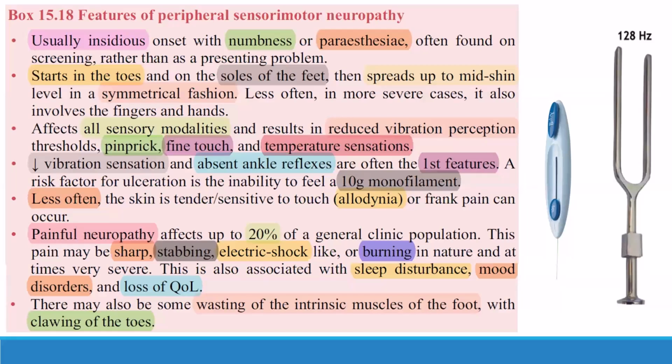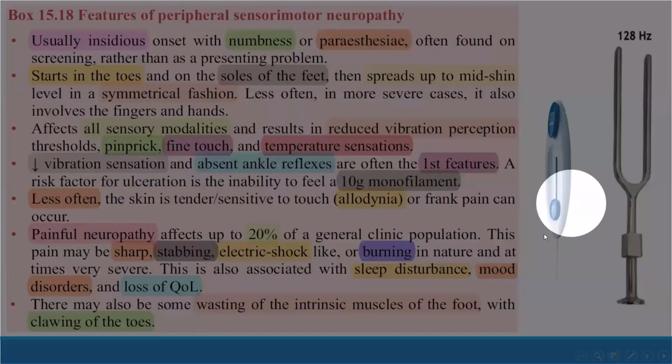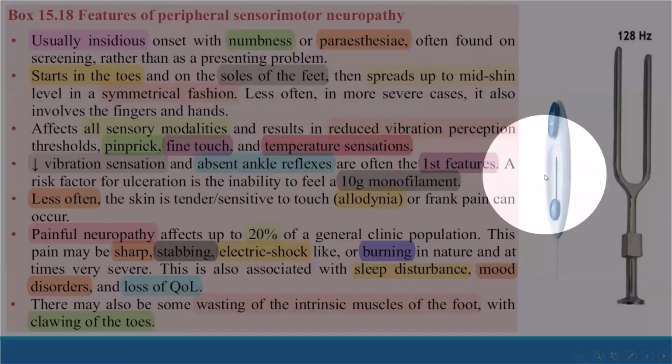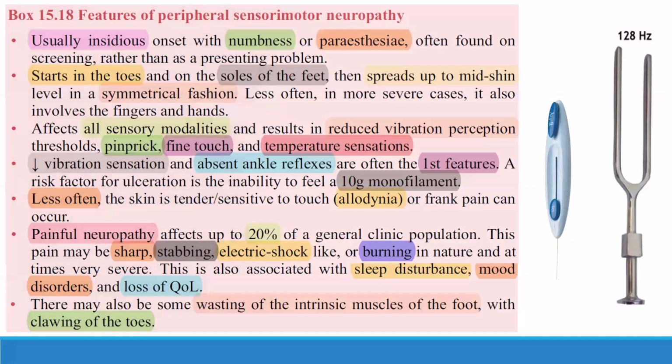Regarding the features of peripheral neuropathy, don't forget that the tuning fork and the 10-gram monofilament are very important tools for examination and assessment of peripheral neuropathy. Peripheral sensorimotor neuropathy is usually insidious, presenting with numbness or paresthesia that starts in the toes and soles of the feet and spreads up to the mid-shin proximally.